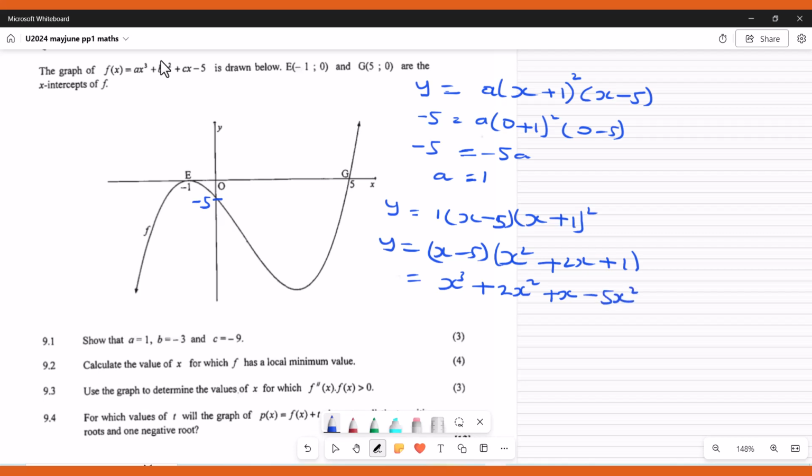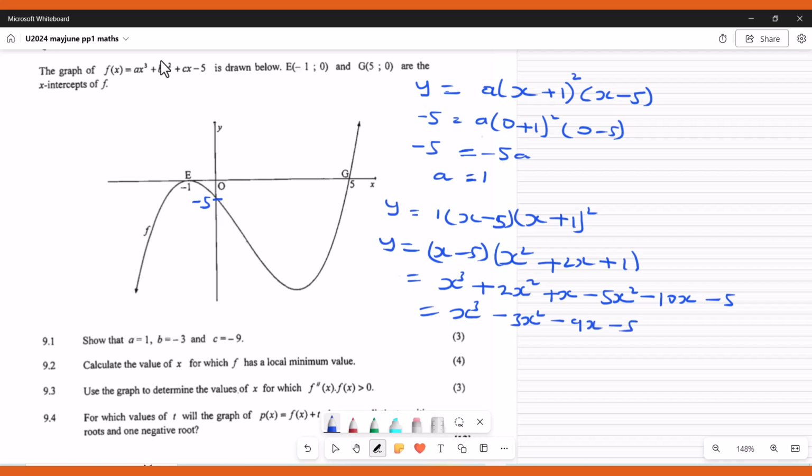Then negative 5 times 2x gives minus 10x. Then negative 5 times 1 gives minus 5. So what do I get here? I get x cubed, then 2x squared minus 5x squared gives me minus 3x squared. Then x minus 10x gives minus 9x, and then minus 5.